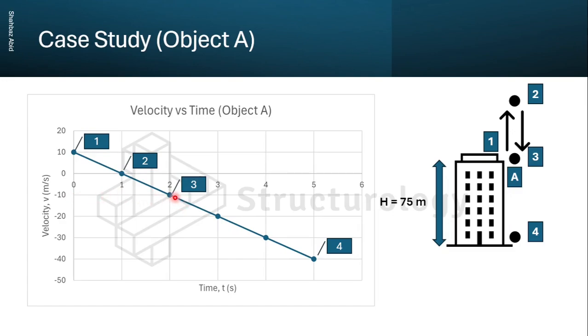It took 3 more seconds from 2 seconds to reach the ground, so the total time is 5 seconds, and the final velocity is negative 40 meters per second.